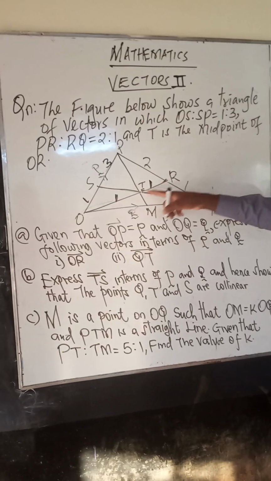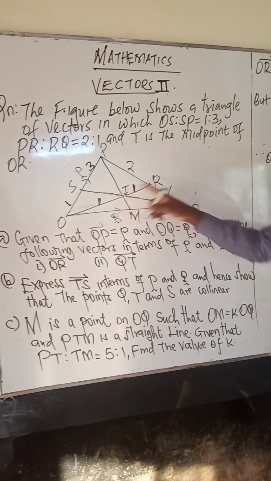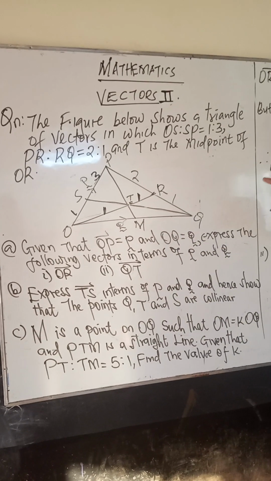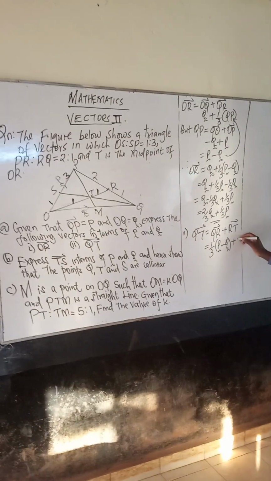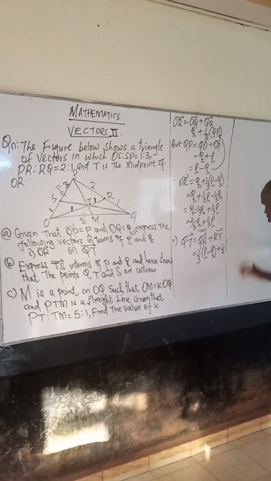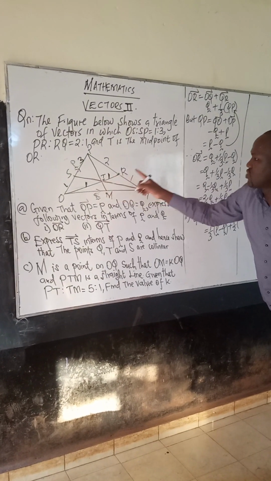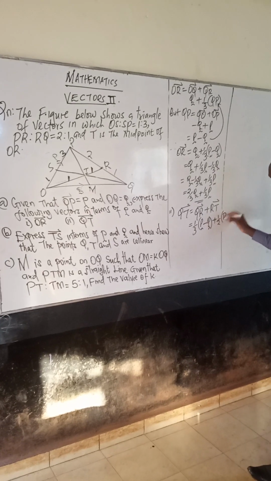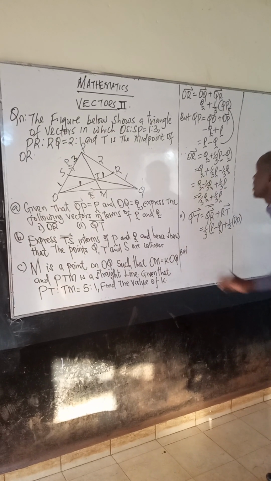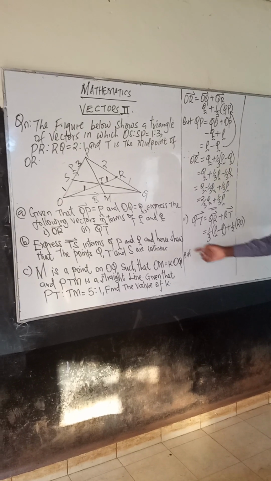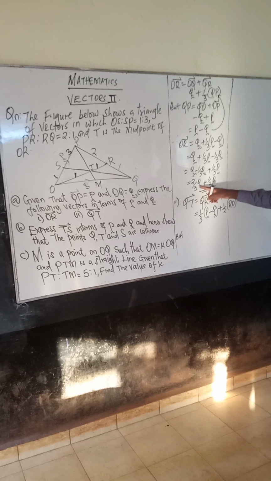Remember, T divides OR into the ratio 1:1. So RT will be 1 over 2 of RO. But what is RO? I believe we had already found OR, and it is here.